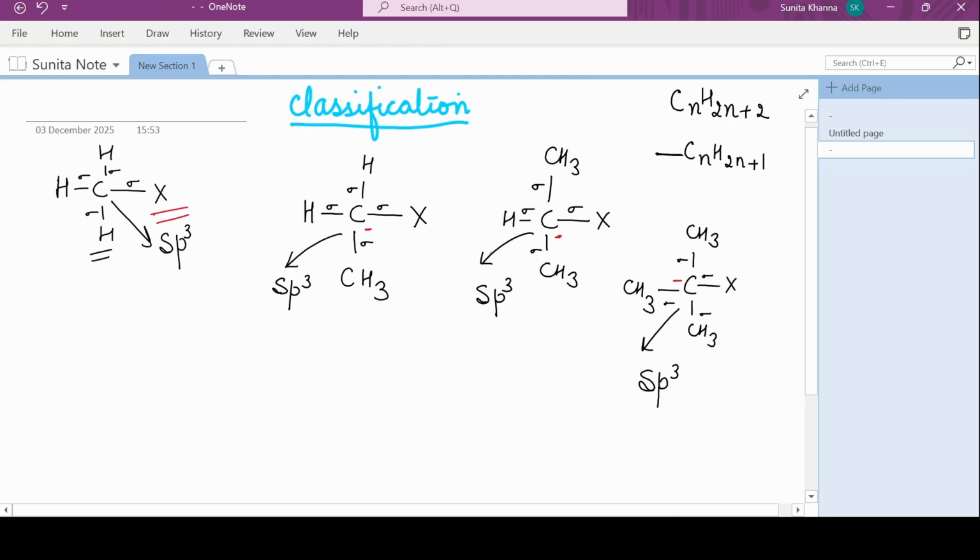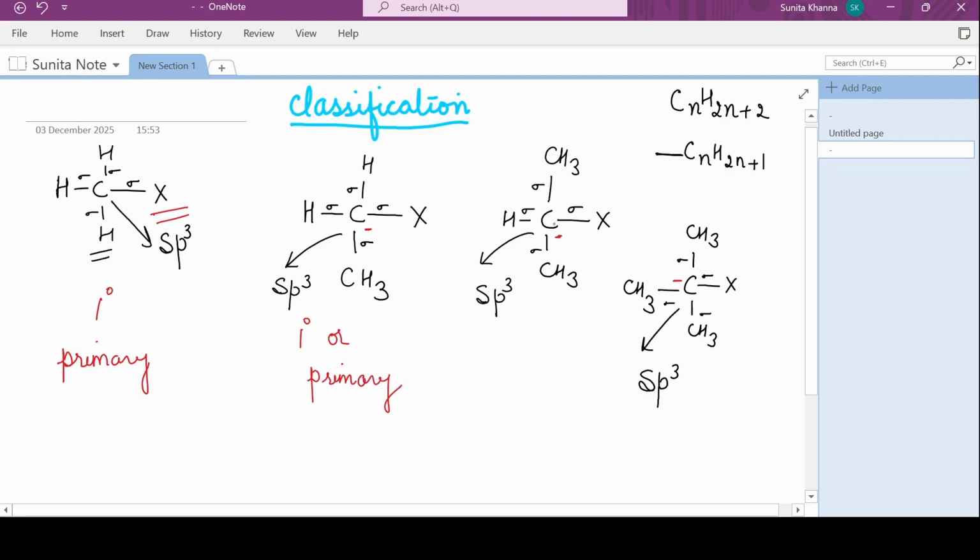What is the difference? This is a 1 degree or primary alkyl halide. This is also 1 degree or primary alkyl halide.